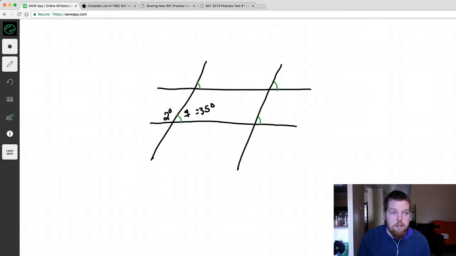And then angle 2 and angle 1 are supplementary angles because they add up to 180 degrees. They lie along a flat line here. So they're going to add up to 180 degrees. So if we do 180 minus 35, we get 145 degrees.